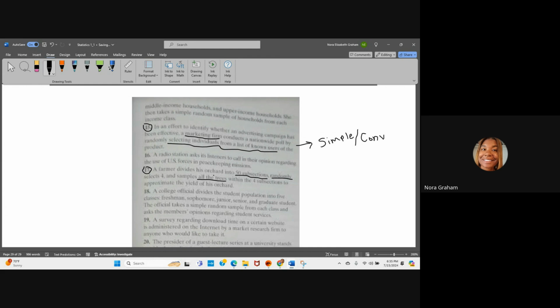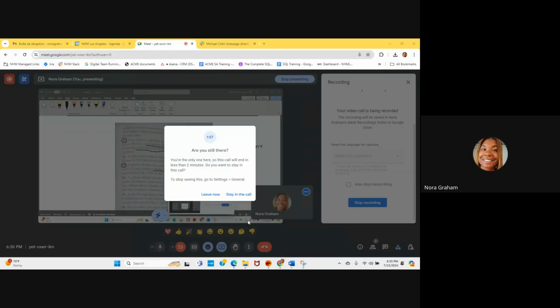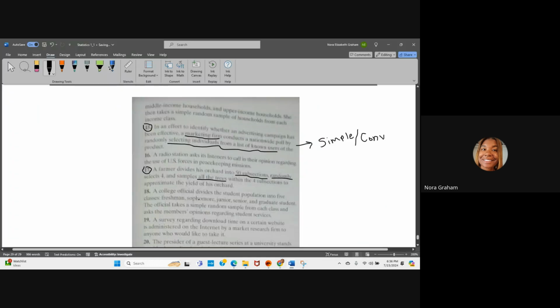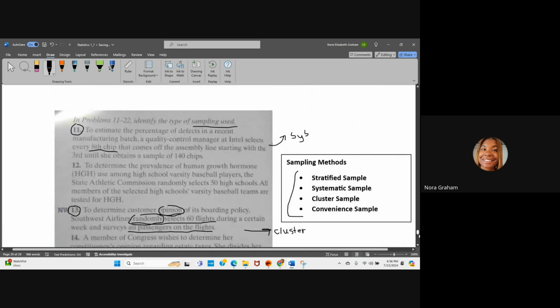All right, so farmer divides. So we know there's some grouping going on in here. So we know it's not going to be stratified, because in stratified, in my last video from the bank that we're going from, stratified considers groups that, let me look back at my notes.